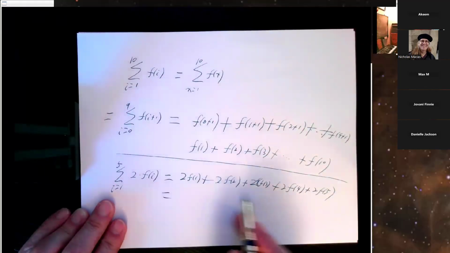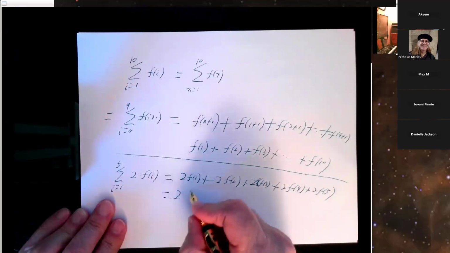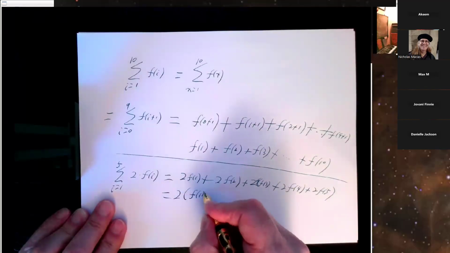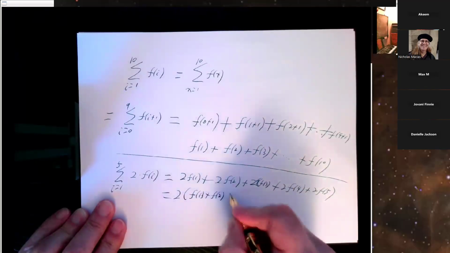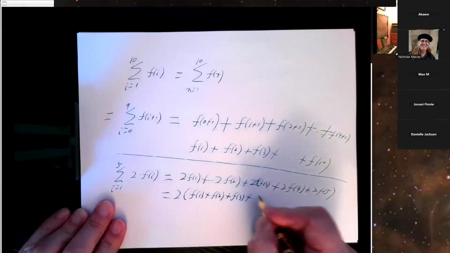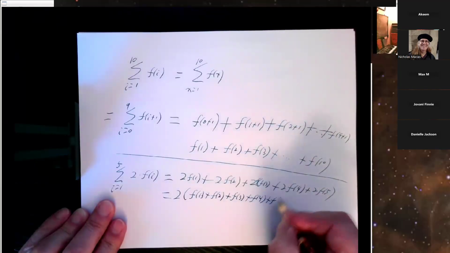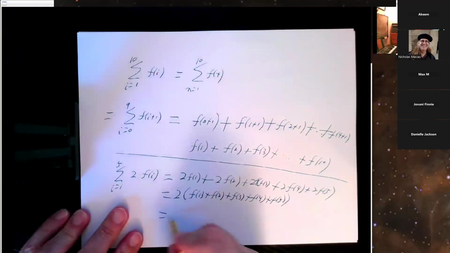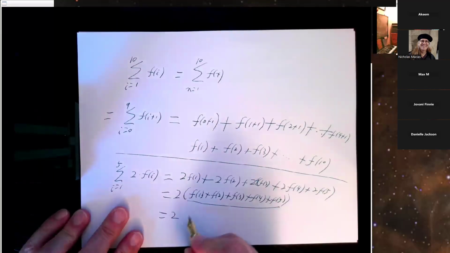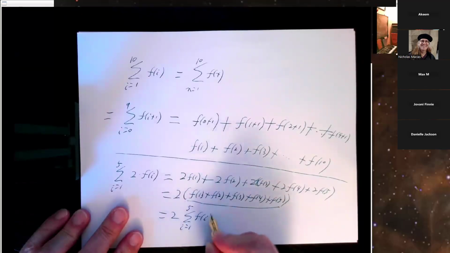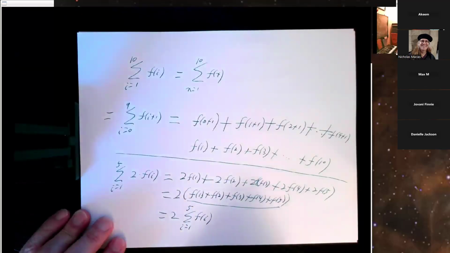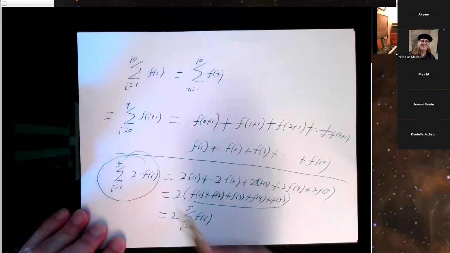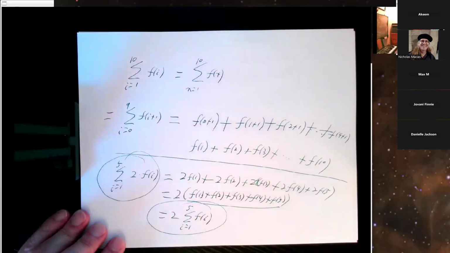Well, since each of these is multiplied by 2, I can pull that 2 out like this. And if I want to save ink, instead of writing all of this out explicitly, I could just say the sum from i equals 1 to 5 of f of i. So this is the same thing as that.